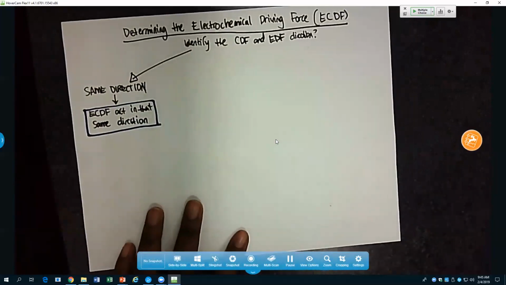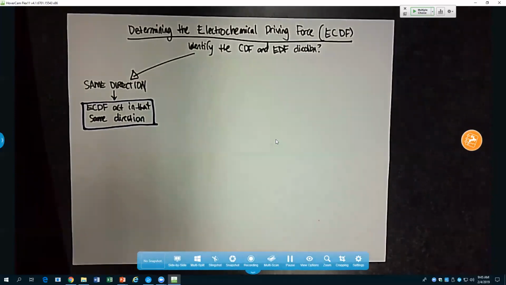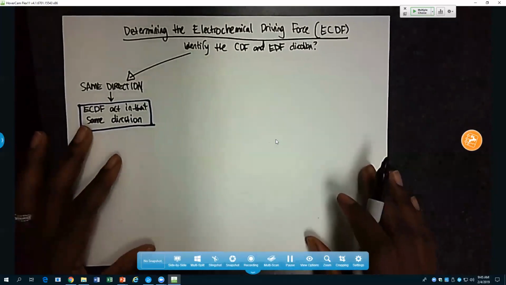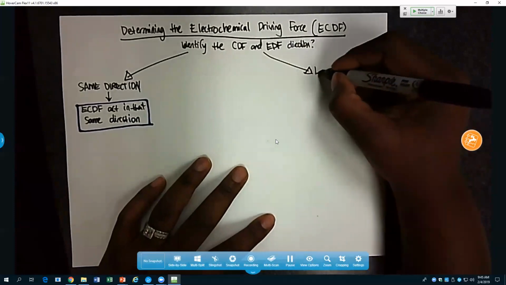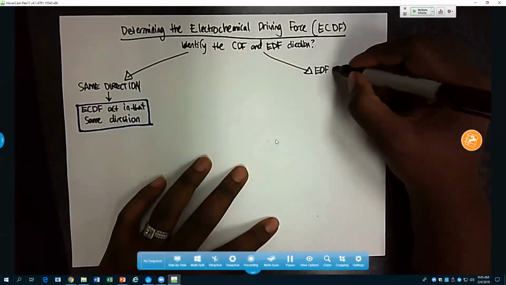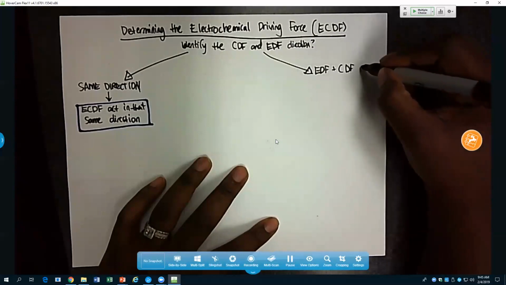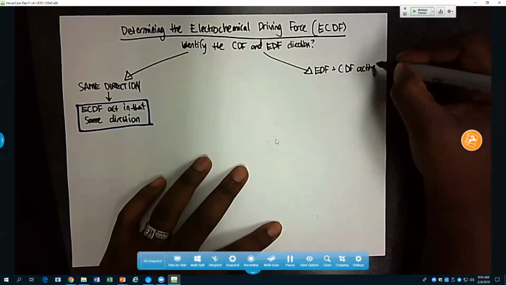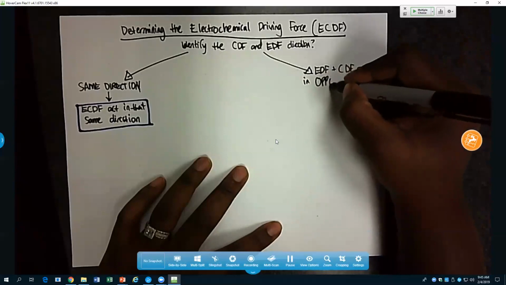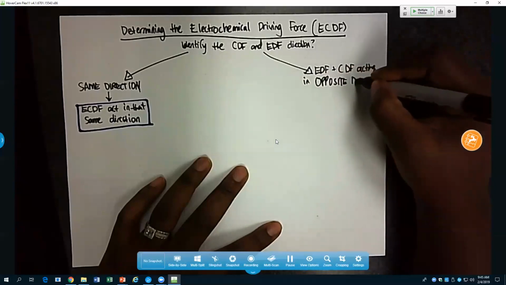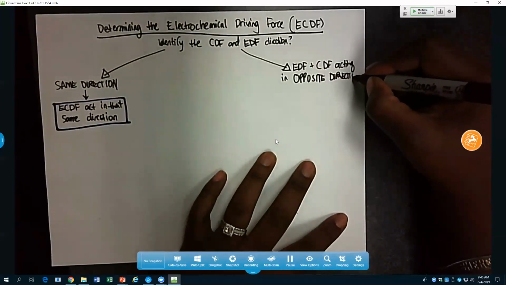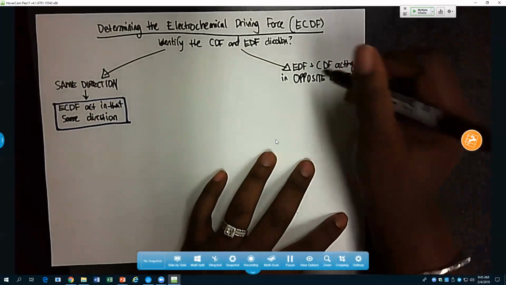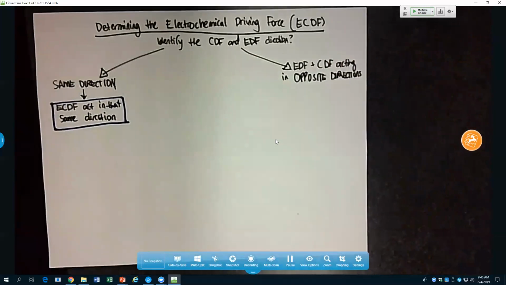That was the easy, convenient scenario that we looked at with the electron transport chain. The second scenario would be if the electrical driving force and the chemical driving force are acting in opposite directions.